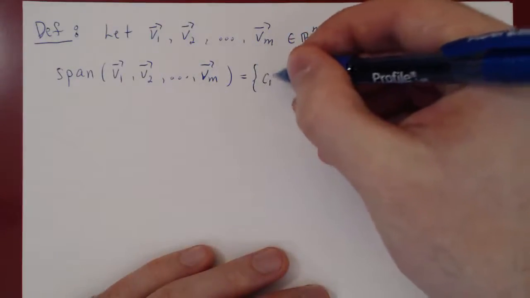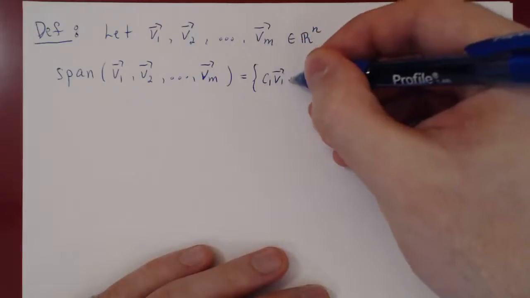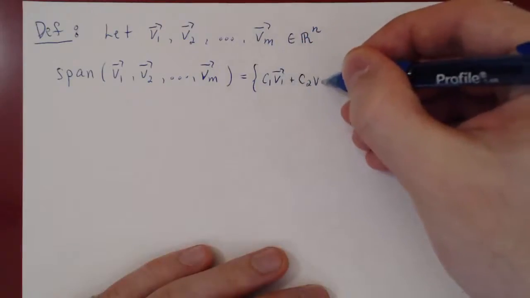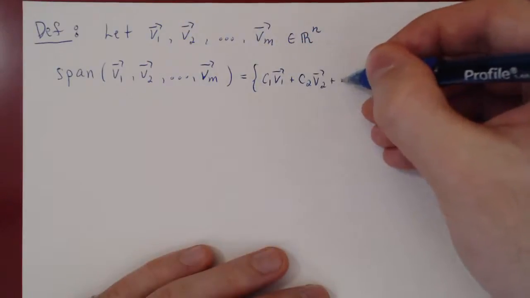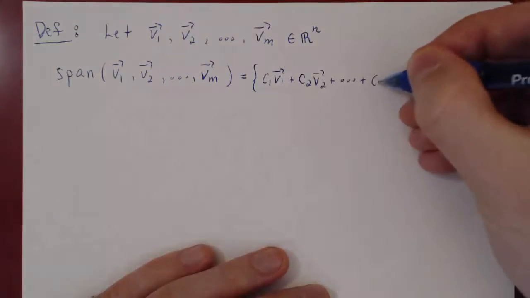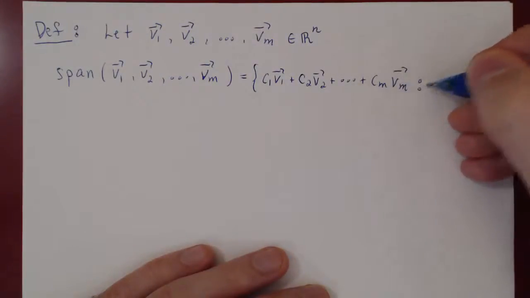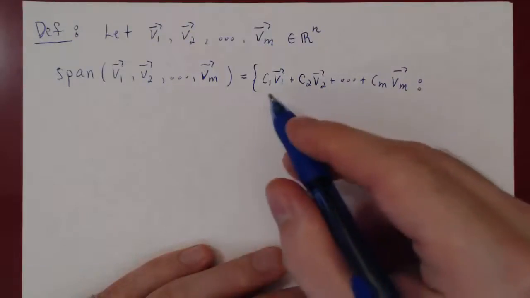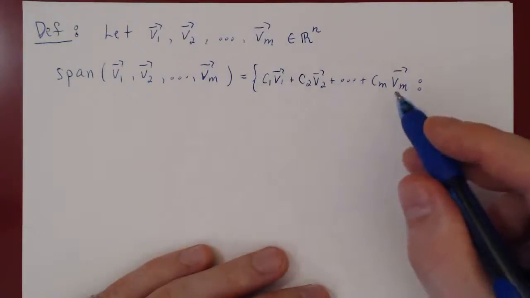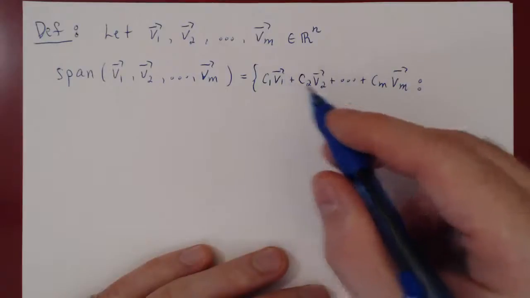So some multiple of v1 plus some multiple of v2 up to some multiple of vm. And again, we take all possible linear combinations of the m vectors v1 through vm.